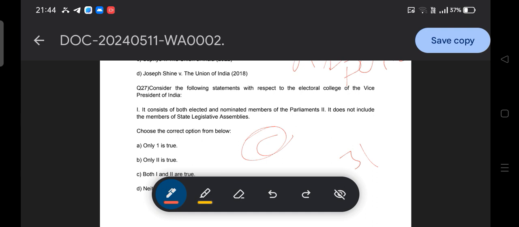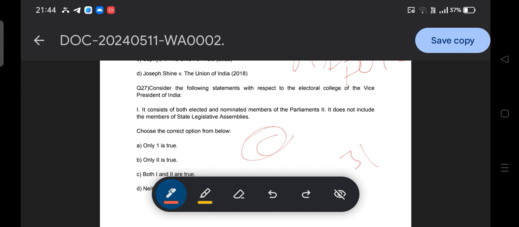But in contrast to that, the electoral college of the President only includes the elected members of the parliament and the elected members of the state legislative assemblies, including Union territories like Pondicherry and Delhi.